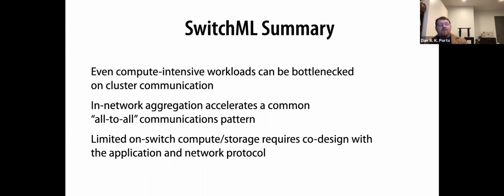But we have been looking into how to handle model parallel training as well. In particular, model parallel training is also communication intensive, but the communication pattern isn't exactly the same. Fundamentally, the aggregation we're doing here is an all-reduce computation.